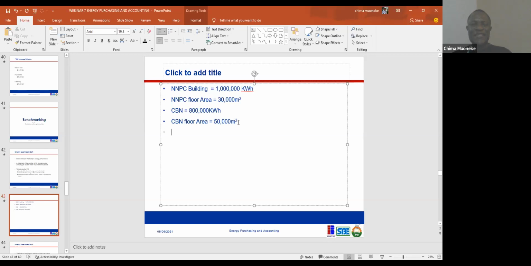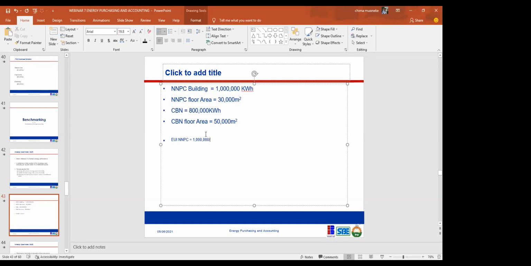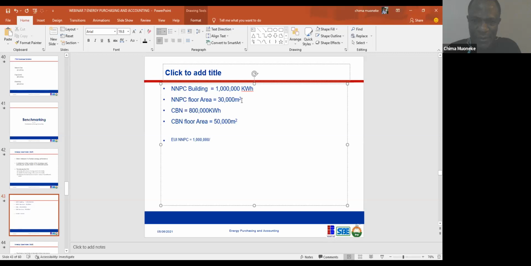So if this is the detail we have, we want to compare which one uses more energy. How do we calculate energy use index? The energy use index for NNPC is equal to the amount of energy that they use for the year, which is 1 million, divided by their floor area, which is 30,000 square meters. So let's divide and see what we get.